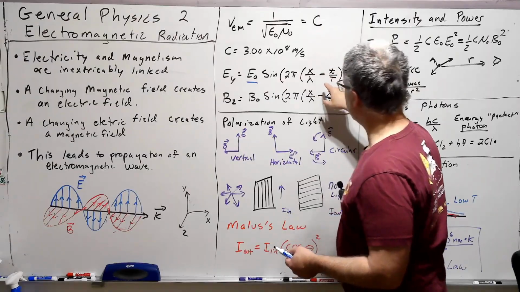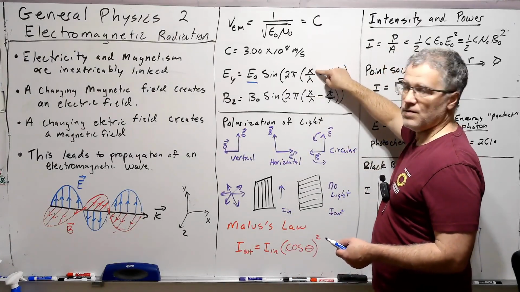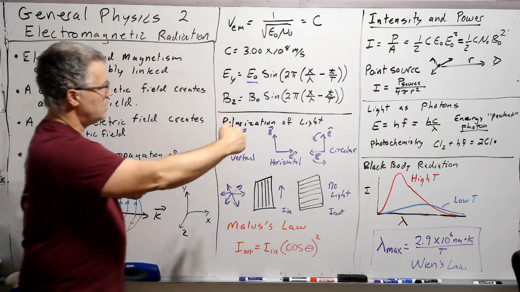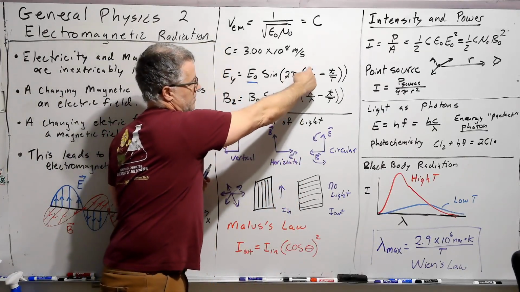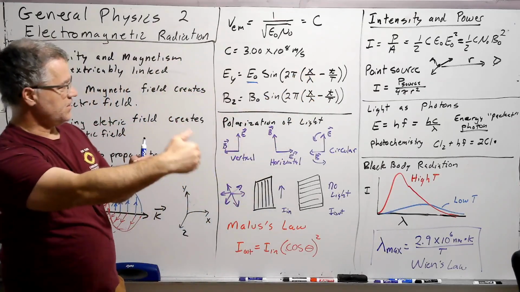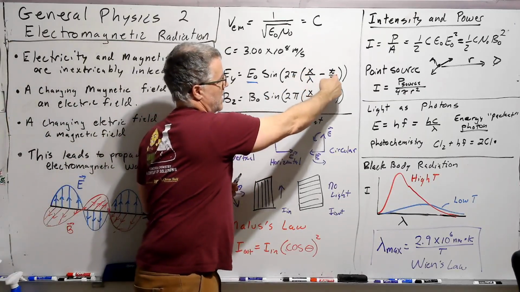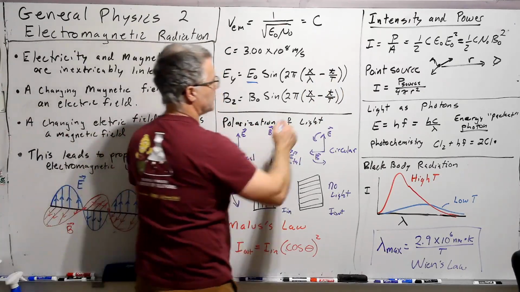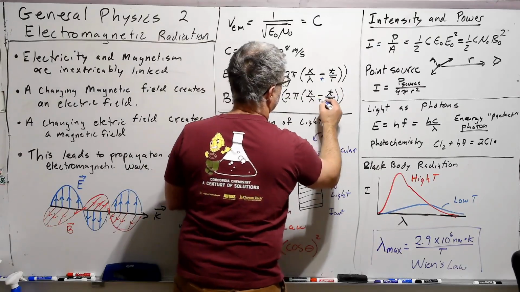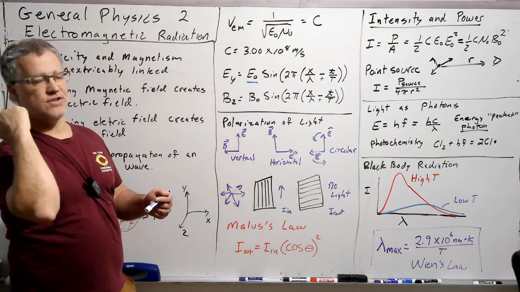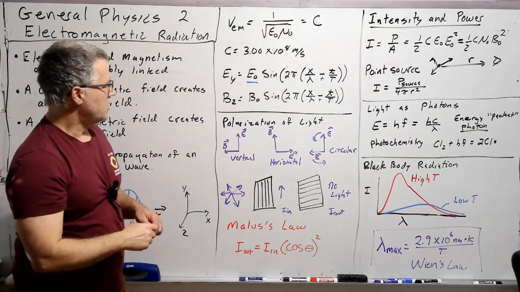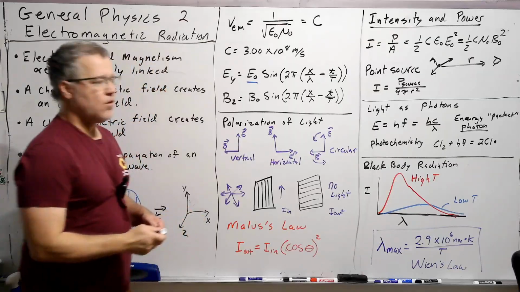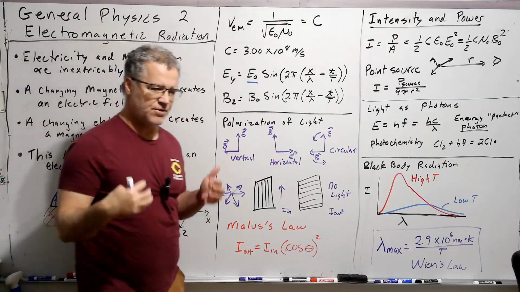We have the two characteristic components: the distance, how far it travels in a wavelength, so this is a ratio of the distance to the wavelength, and here we have a time to a period. And the minus, we really have plus or minus here, depending on if our wave is traveling in this direction or this direction. So that connects back to some of the stuff we talked about right at the beginning of the course.